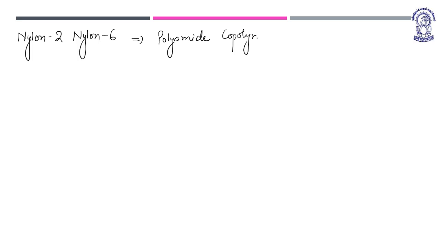And the last is nylon 2 nylon 6. It is a polyamide polymer, a copolymer of glycine and aminocaproic acid.